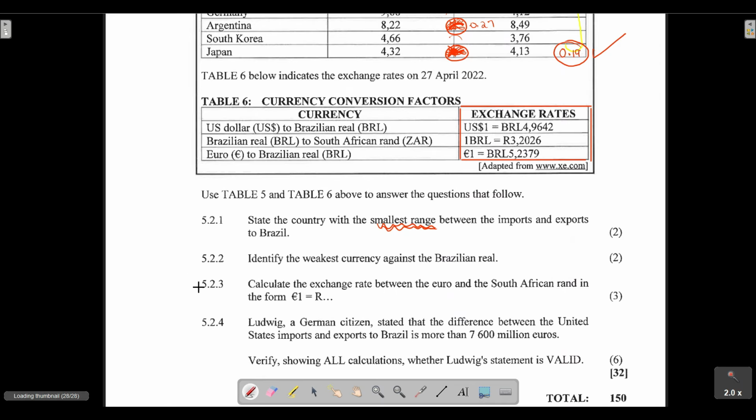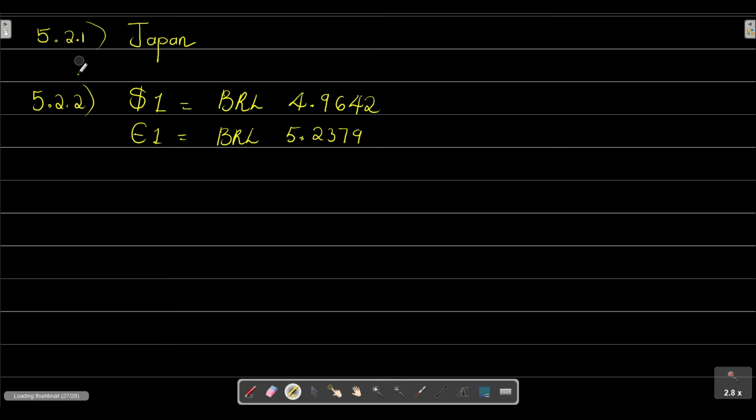But for the rand, do you see that for the rands here? We were told that if you have 1 Brazilian real, you will have 3.2026 rands.